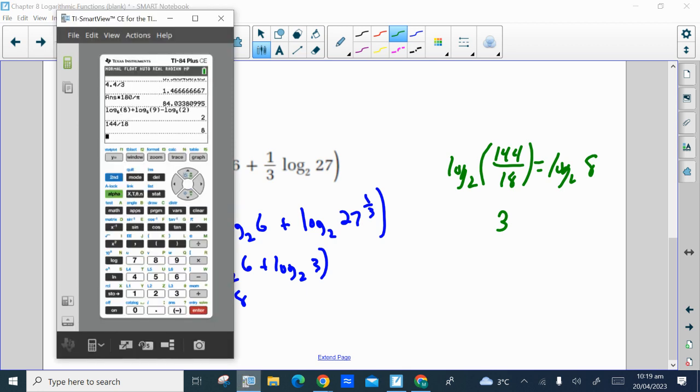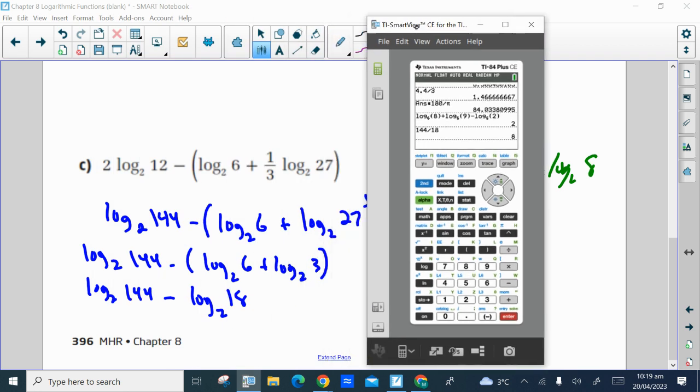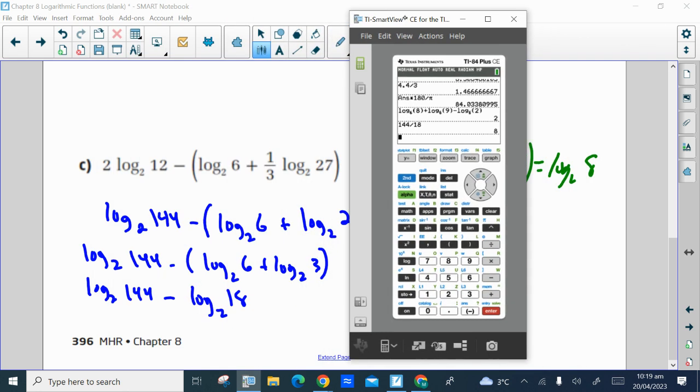And once again, if you wanted to, you could put this entire expression in your calculator and check it. 2 times log base 2 of 12, which on its own will be irrational, minus, open a bracket, log base 2 of 6, plus, in brackets, 1 over 3, there's my coefficient of a third, log base 2 of 27.